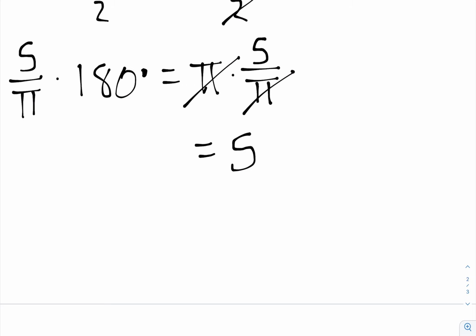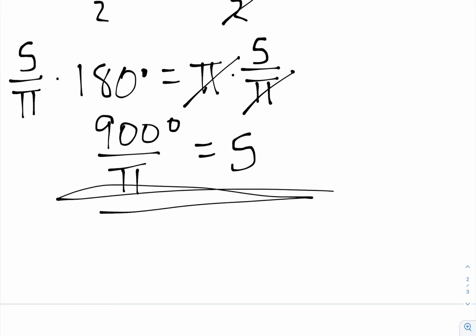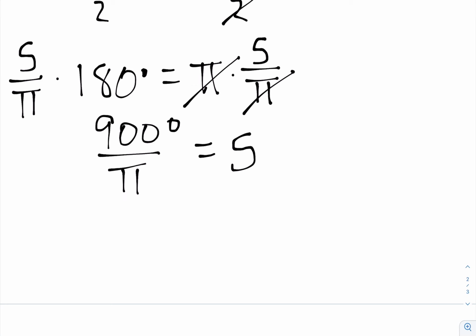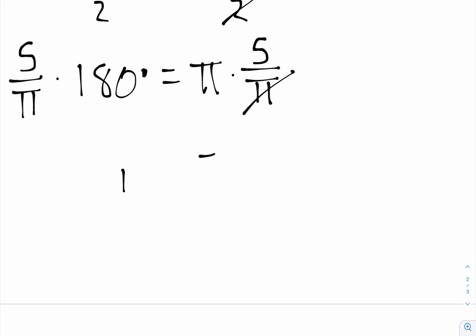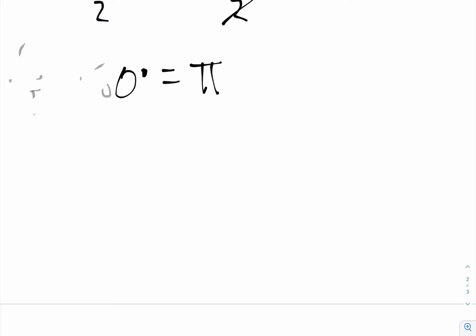So 5 times 180 is going to be 900 over pi. So 900 over pi degrees is equal to 5 radians. So this doesn't have a ton of utility to do, but the main idea is think of the equation 180 degrees equals pi radians, and then just go from there. So that's kind of the basic conversion.